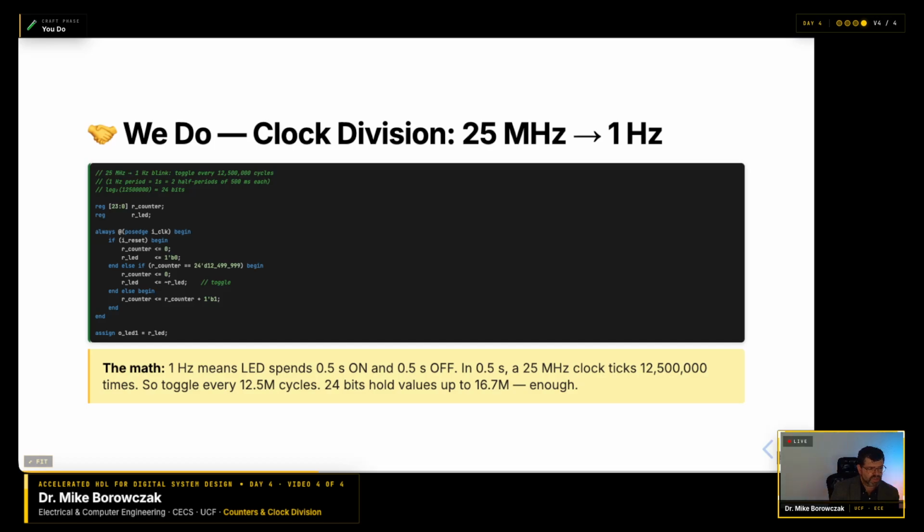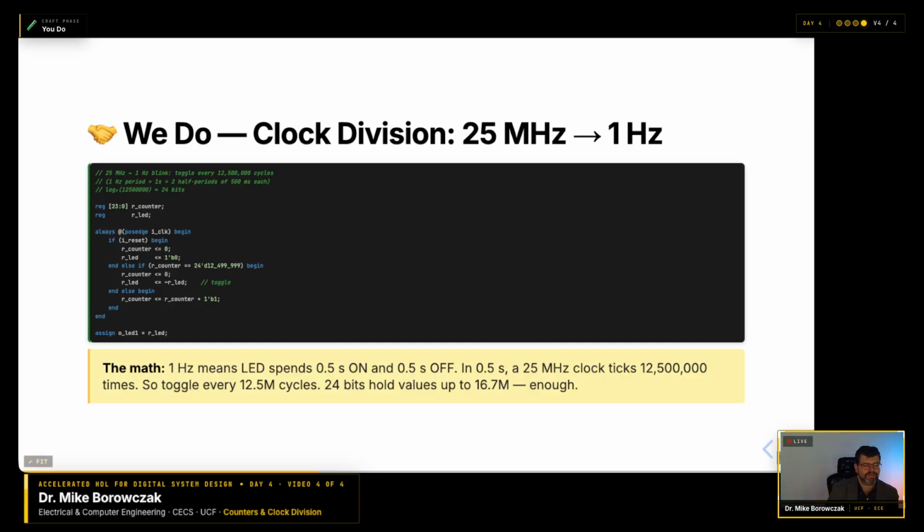So we toggle every 12.5 million cycles, and ultimately we can fit this in 24 bits, which holds up to 16 million. We're okay. You can do the math and figure out that 23 bits would not be enough. It would be roughly half that value that we could store, about 8 million.